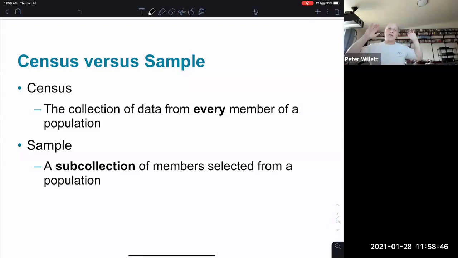So this means thinking of a group that you're interested in and some aspect of that group that you want to observe: how tall they are, how much money they make, whether they've had COVID. But because the group you're thinking of is not enormous, or because you have the ability to collect data from an enormous group, you would try to do a census of that data.